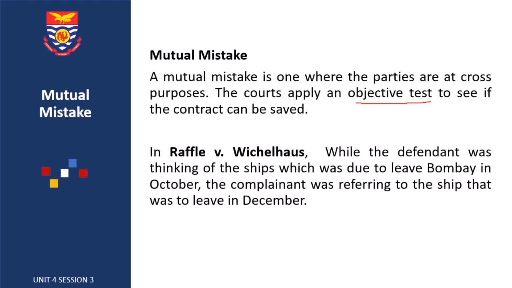The December ship and the October ship were both named Peerless, so they were not talking about the same thing. They were at cross purposes. One is thinking of the Bombay ship coming in October, another is thinking of the Bombay ship coming in December.